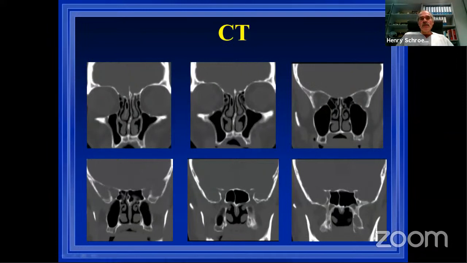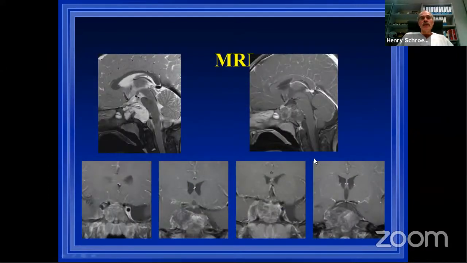So therefore, we have to look at the imaging before. We always do a CT scan to have an idea about the anatomy. And then, of course, we do an MRI. And we want to judge whether the lesion is extradural or intradural, because from this tumor location it depends what type of skull-base reconstruction we should plan.